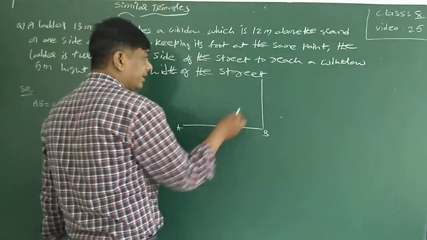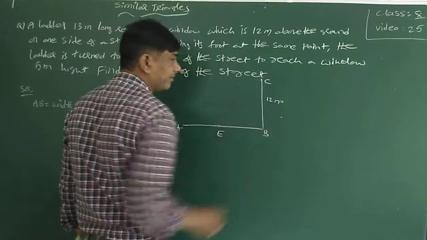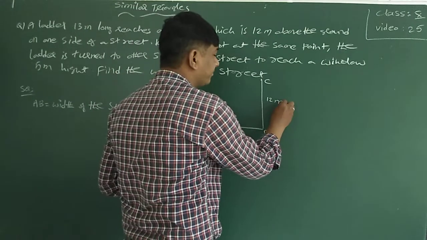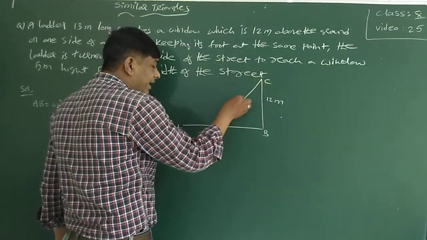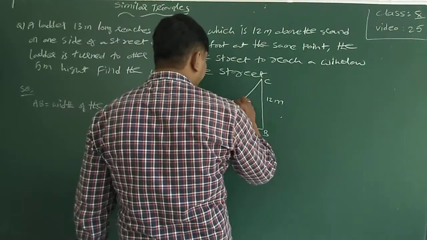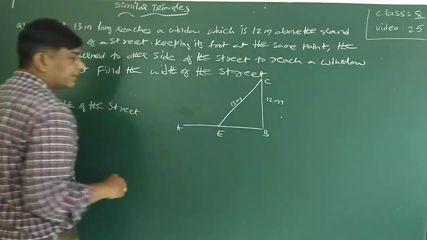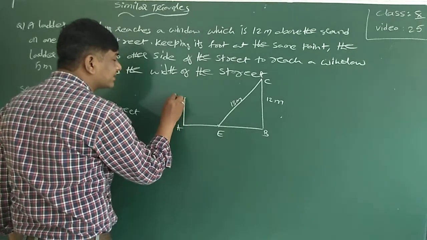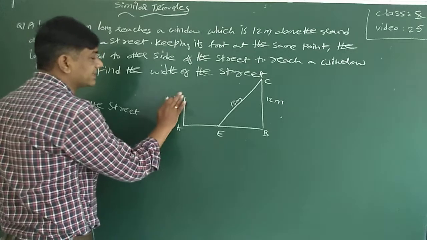This window is 12 meters height, BC. The window is at a height of 12 meters from the ground. It reaches the 12 meters height from this point E. This is the length of the ladder, 13 meters. On this side another window is there, which is 5 meters.